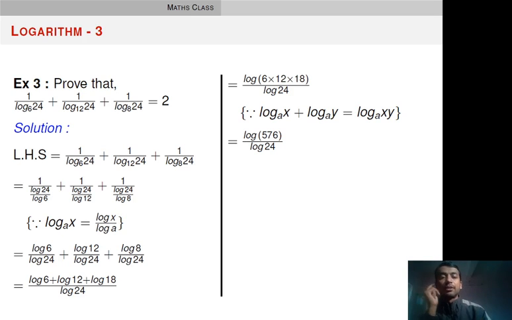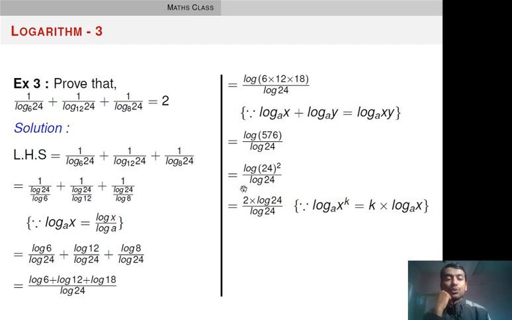Use your calculator and you will find that 576 can be written as 24 square. Obviously it should be square because we need 2 as our answer. Now again use the rule that power will get shifted in multiplication. So 2 into log 24 divided by log 24. So log 24 and log 24 get cancelled and we get the right hand side.